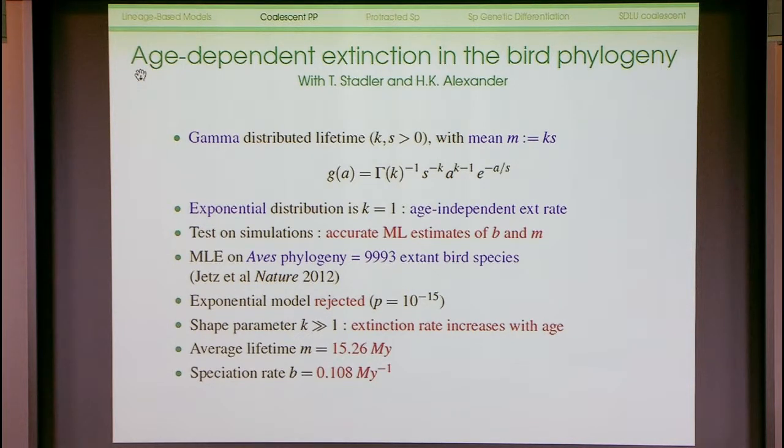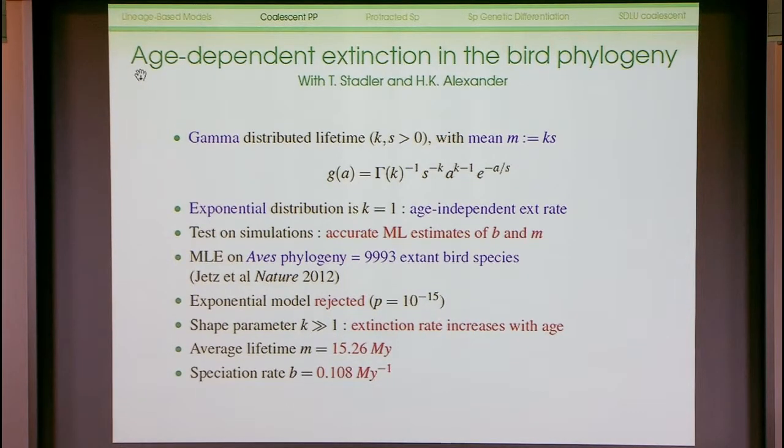We did that for the bird phylogeny, and we strongly rejected the exponential model, meaning that under this model, the shape parameter is actually estimated to be much larger than 1. And what does this mean? It means that the extinction rate of bird species is supposed to increase with age. So the hazard rate at which species become extinct is not constant.